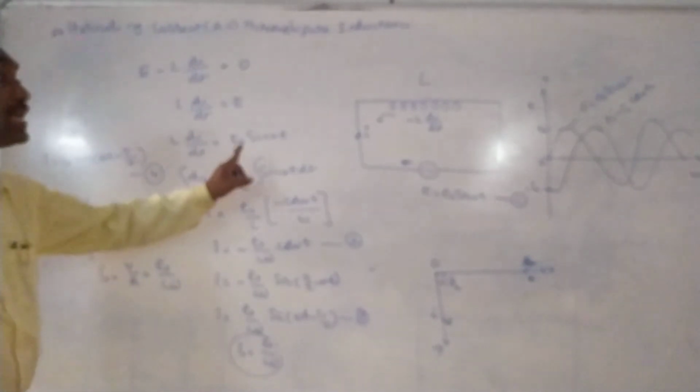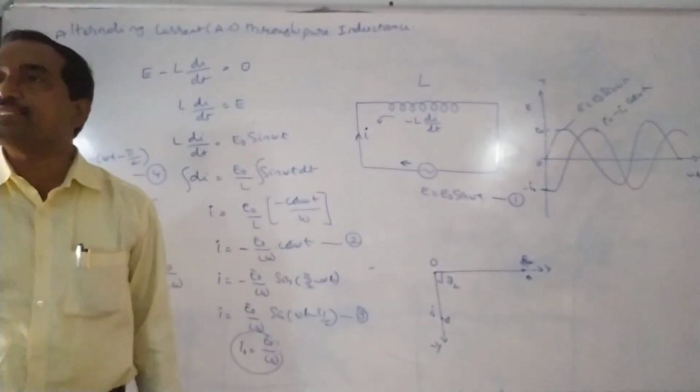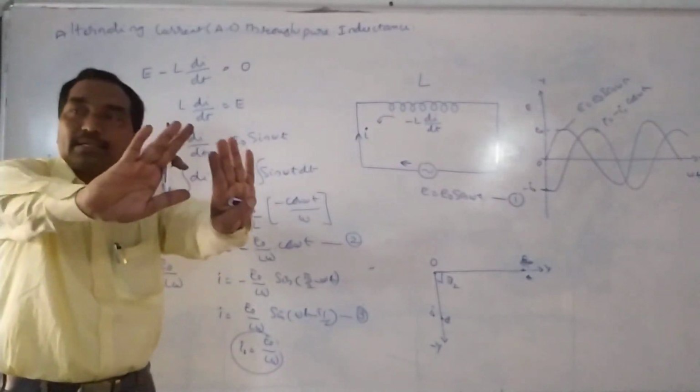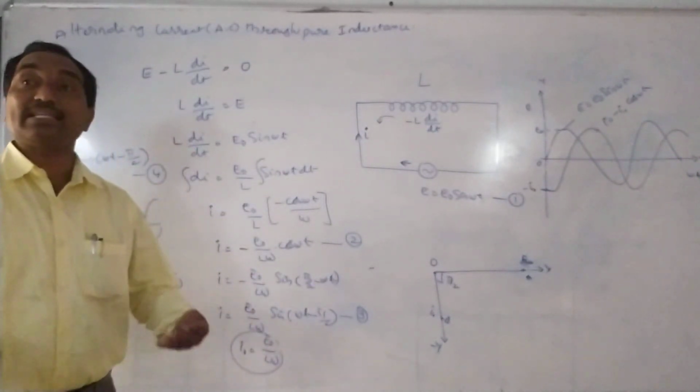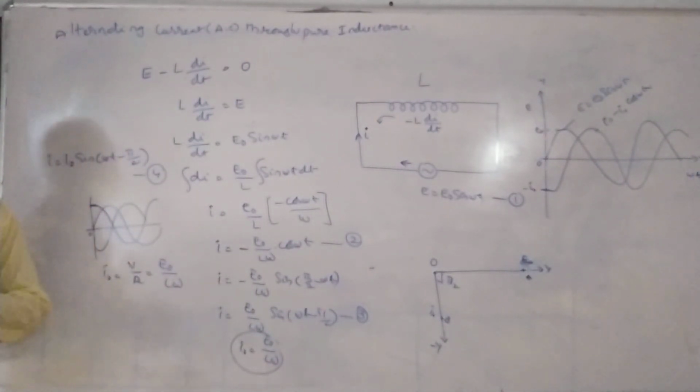L omega is not actually a resistance, but this L omega acts as a resistance to oppose the current which is passing through the inductance. We know resistance is what opposes the current. So what is the resistance of this inductance? L omega is the resistance of the inductance.